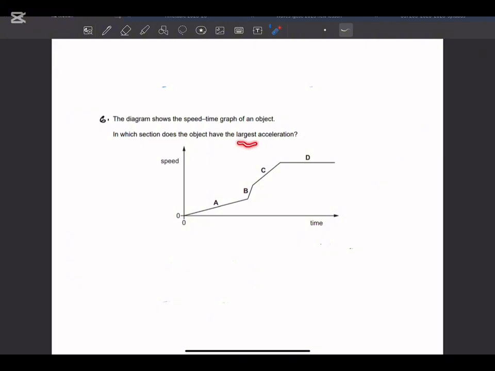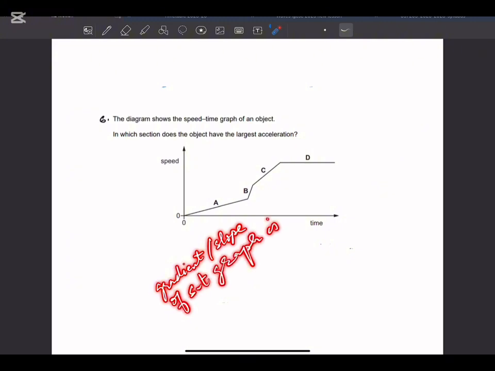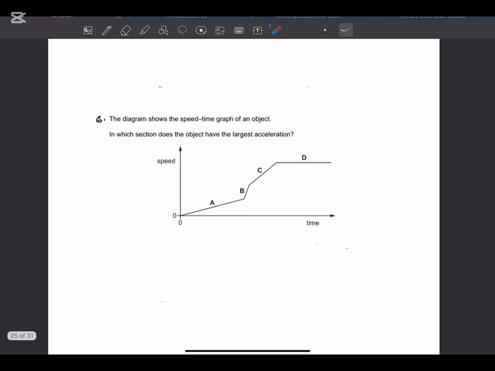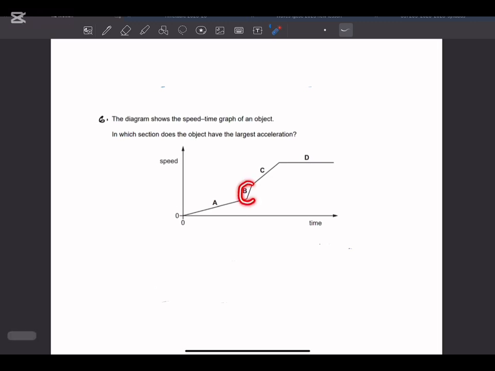We know that the gradient or slope of the speed time graph is acceleration. So what we have to check is where we have the greatest slope, or the largest value of acceleration. So simply you can say that the slope in this case is greatest for B. So the answer will be B as well.